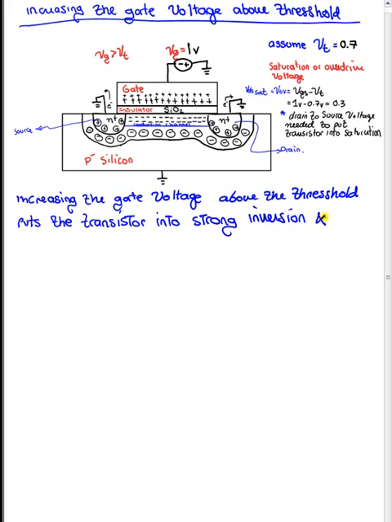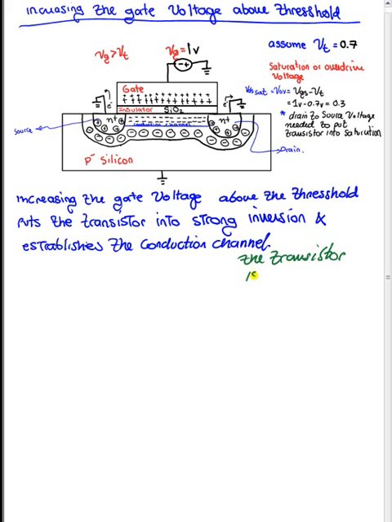And establishes the conduction channel. This means the transistor is on. Up until now we have not been changing the drain to source voltage.